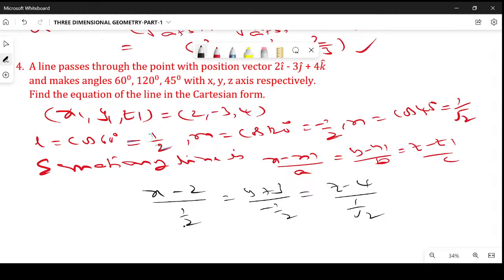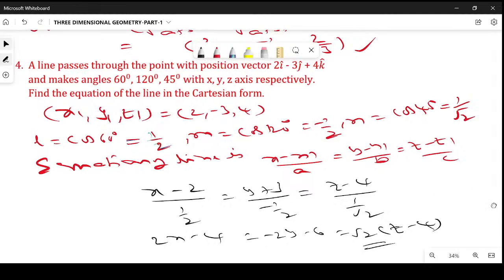Then this will become 2x minus 4 equal to minus 2y minus 6, equal to root 2 into z minus 4. So this is the equation of the required line. You can write it like this.